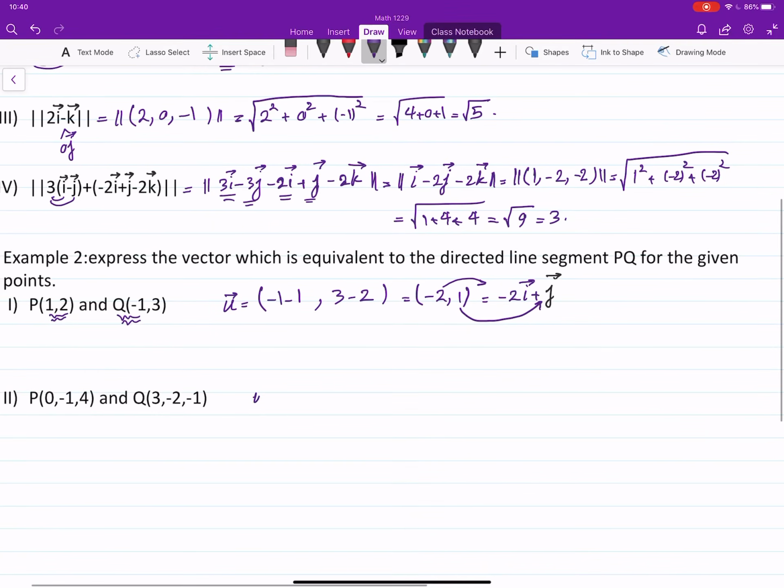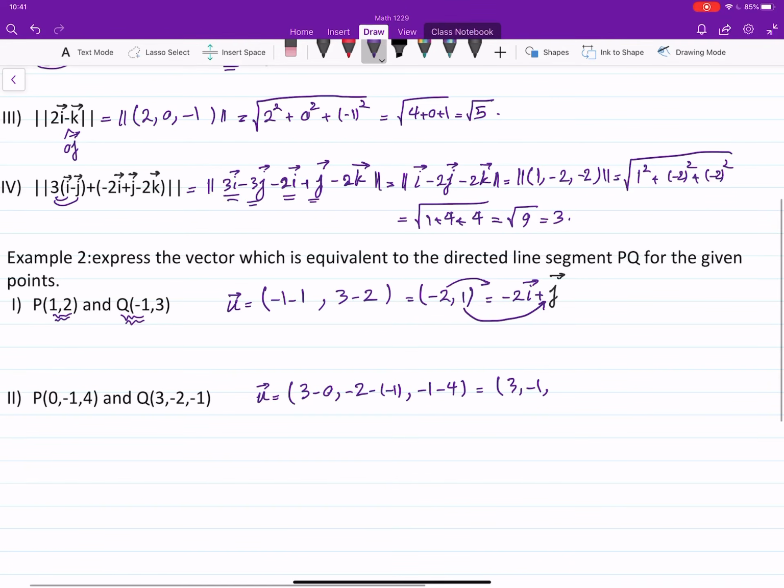Okay, how about this one? The U we have here is the coordinates of the endpoint minus the starting point. 3 minus 0, negative 2 minus negative 1, and negative 1 minus 4. So this is 3, negative 1, and then negative 5.